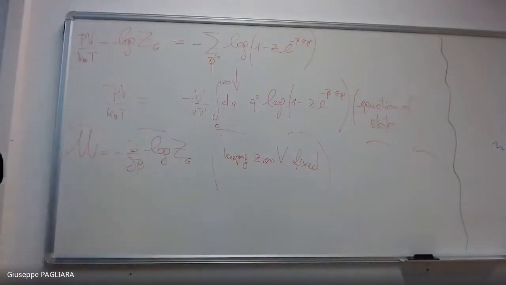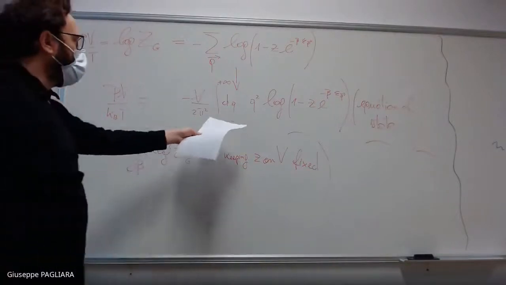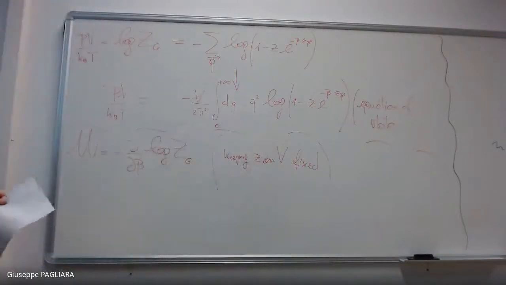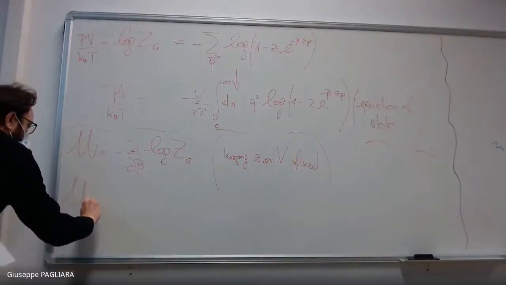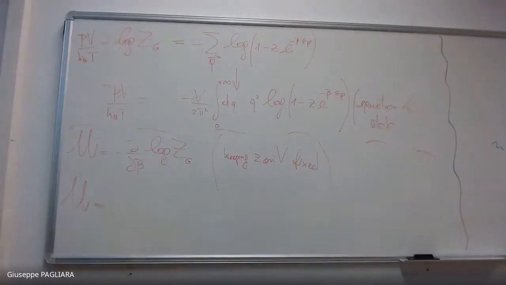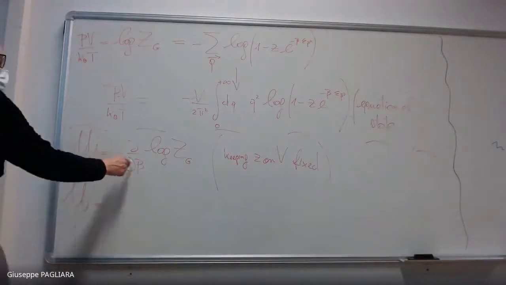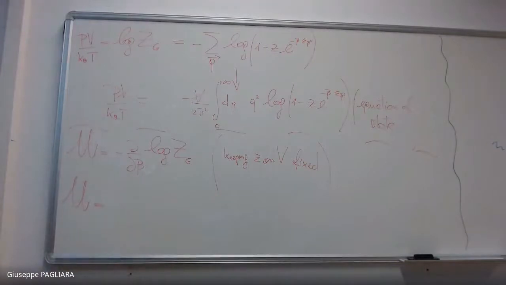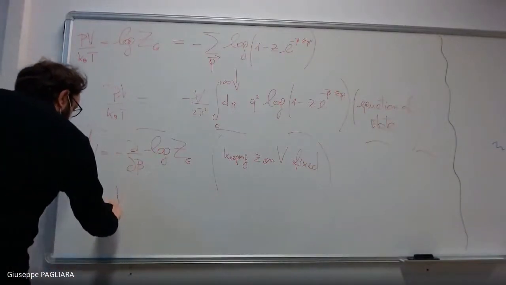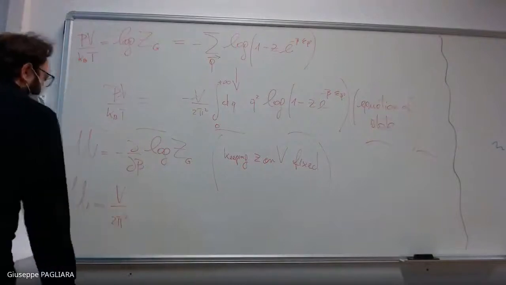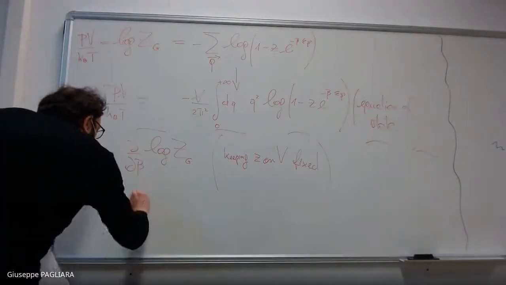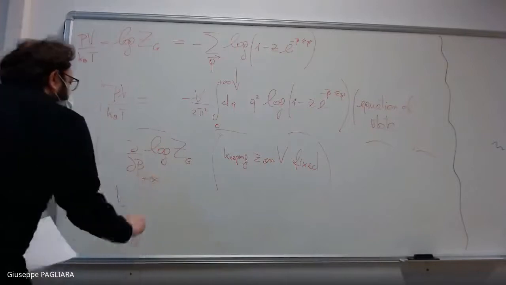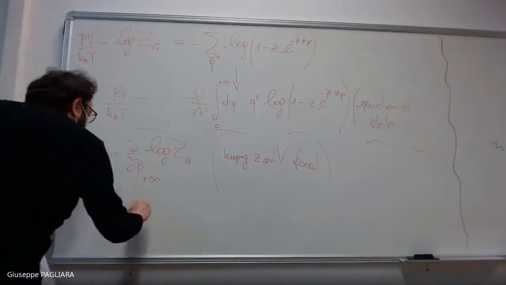Let's try to do it. I have to take the expression that I had before, and derive with respect to beta. So then U will be, so here I have a minus derivative with respect to beta. Here there was a minus, so I have a plus V divided by 2 pi squared, which is still there. Then I have the integral from 0 to plus infinity, dq q squared.